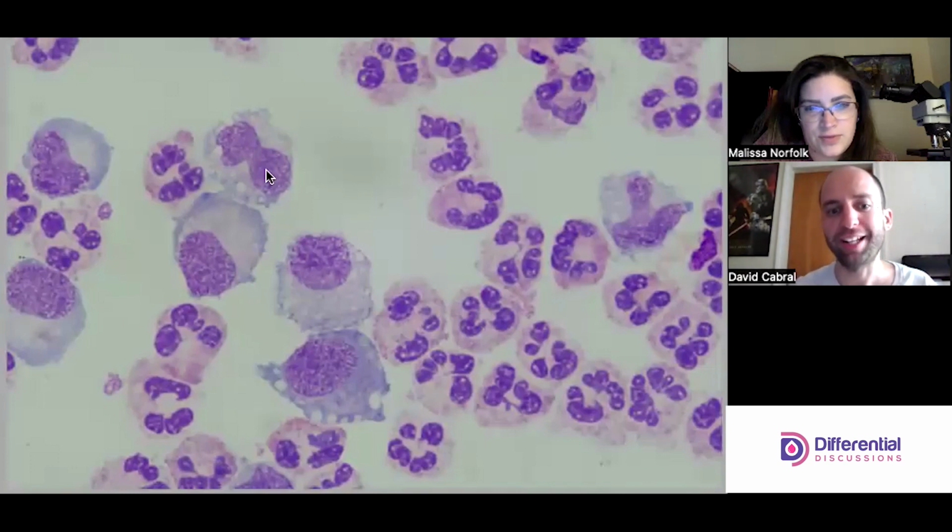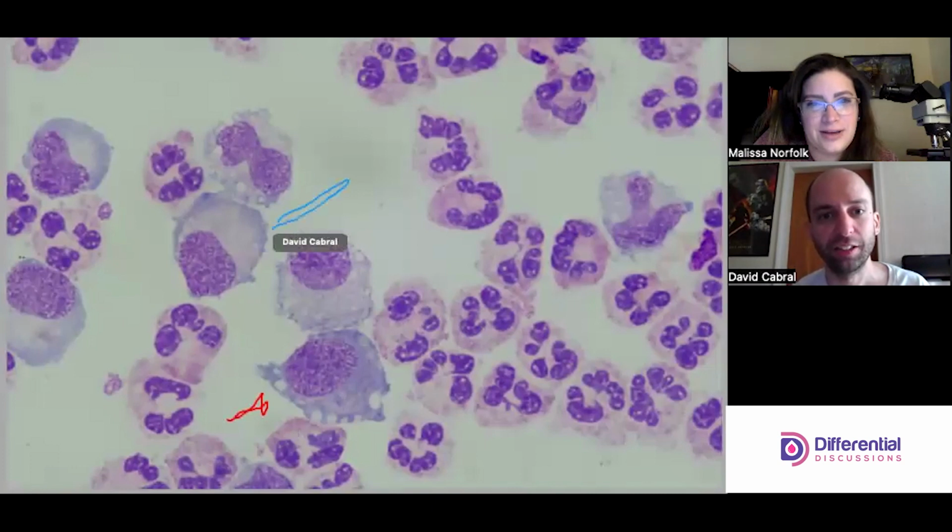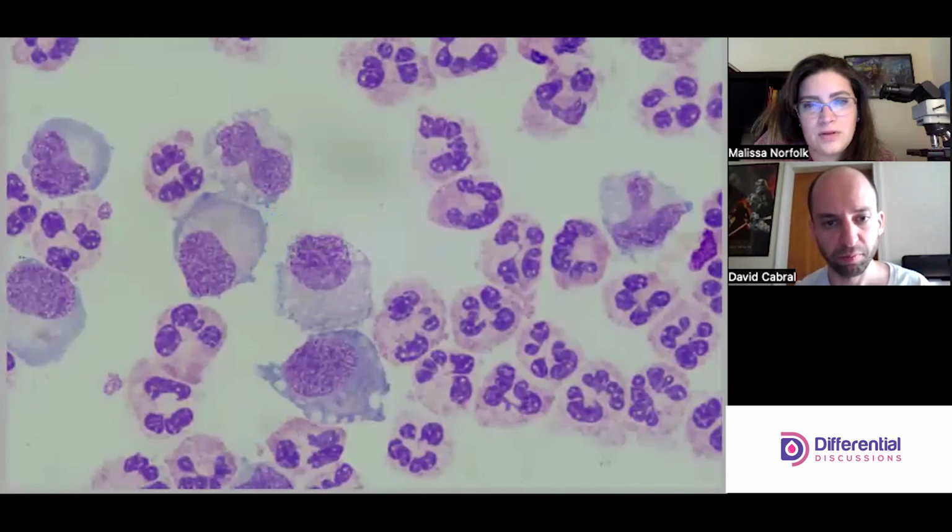So on a technique side, we know that this is different than these. Then it's like, well, what's the best designation for those? Well, these look more like monos, and so then this must be a lining cell. So that would be the thought process there.